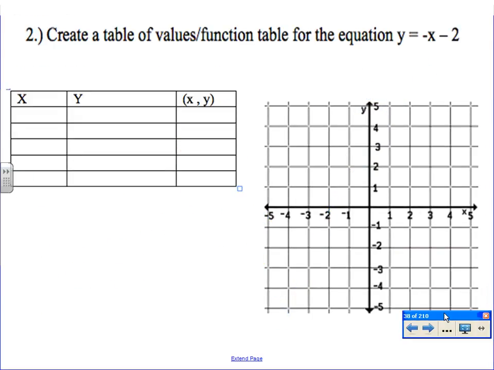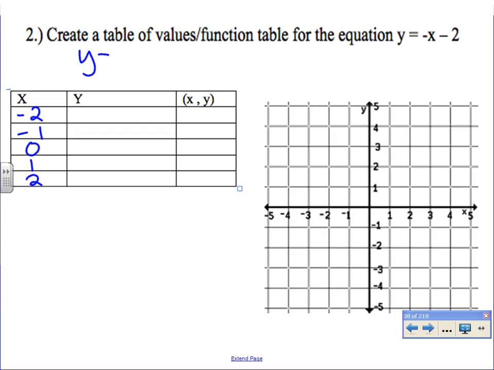Okay, so number 2, let's put in for our x values, -2, -1, 0, 1, 2. So let's use the same values. Now, this is a little bit tricky because there's a negative in front of x. So what do you think is going to happen when we plug -2 in for x? Joseph? It turns into 2.